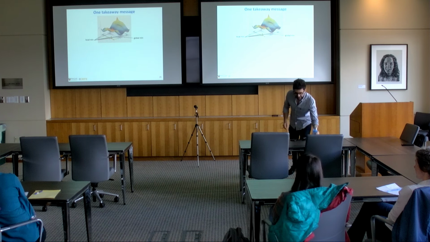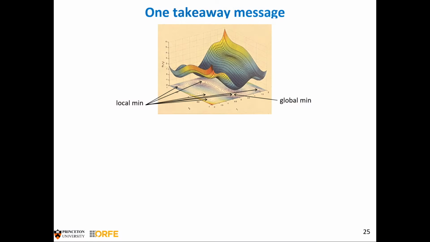I guess the main message of this talk was that if you think of a non-convex optimization problem with multiple local minima, and you ask yourself, is it any easier to find a local min than a global min? I guess the message that we learned from polynomial optimization is that that's a delicate question. It's not obvious that this should be the case.